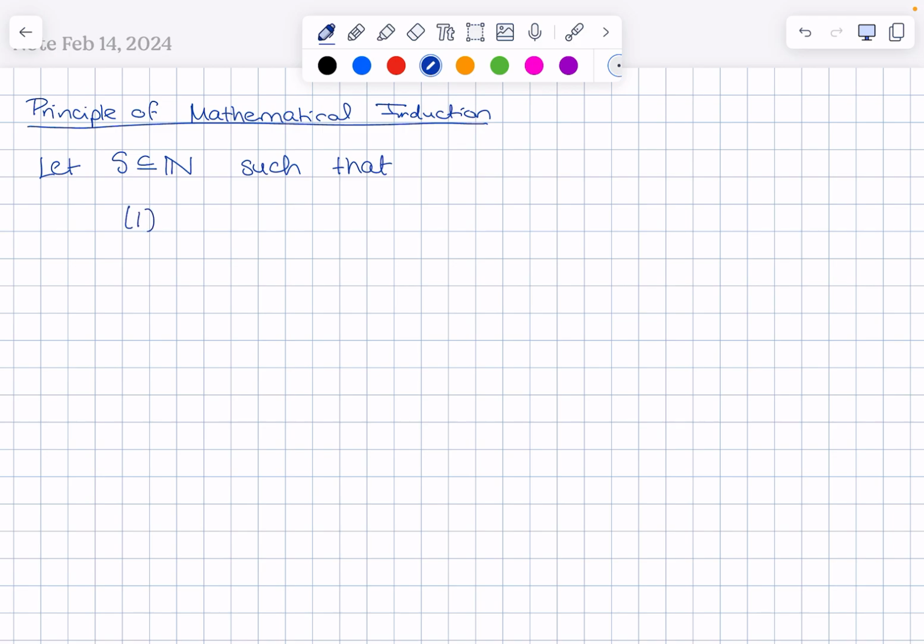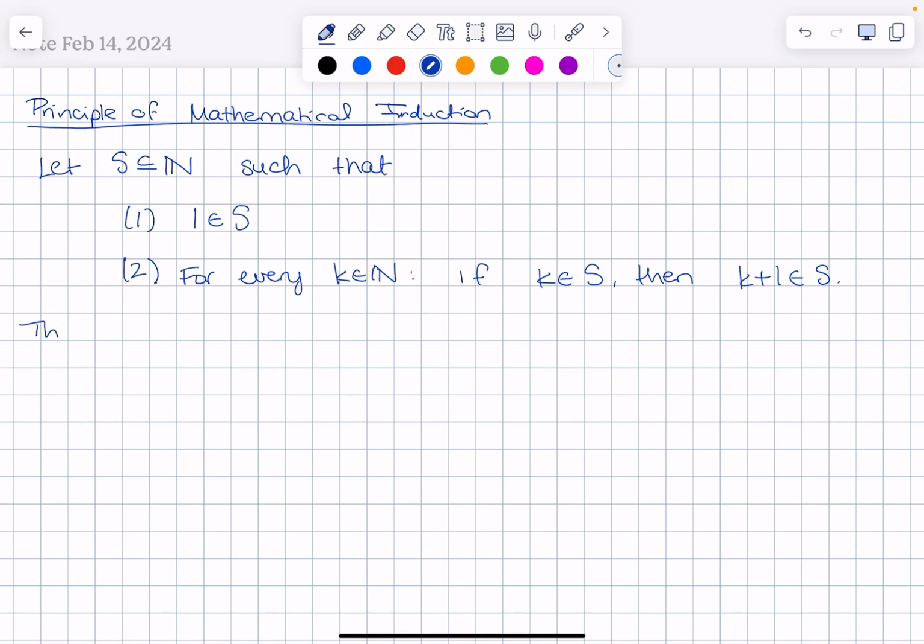First, 1 is in our set S. And second, for every k in the naturals, if k is in our set S, then k plus 1 is also in our set S. Our conclusion here is that S is equal to the set of natural numbers.